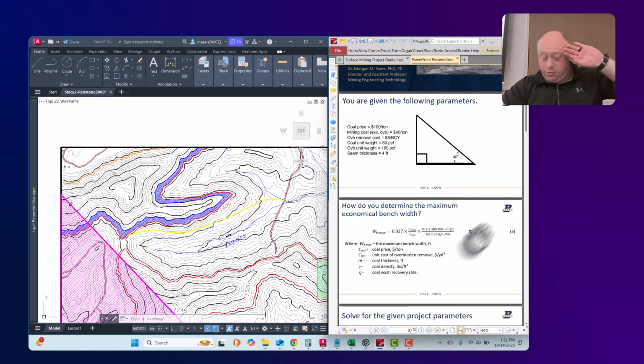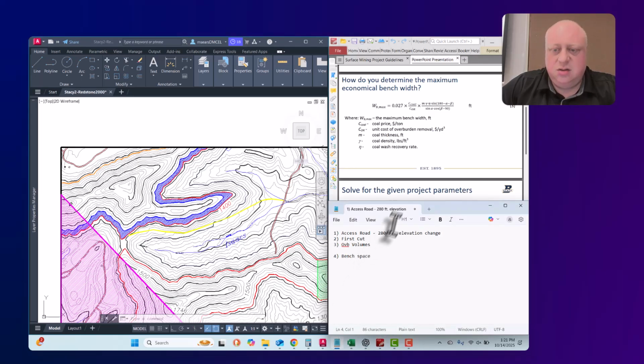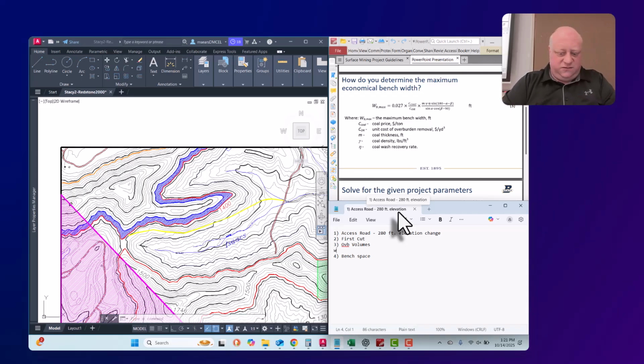So we have our coal price per ton. We know the rest of the information is given in the problem, probably, hopefully. So we're going to take that, and our maximum bench width for the Northern Reserve. Let's find out what it's going to be.